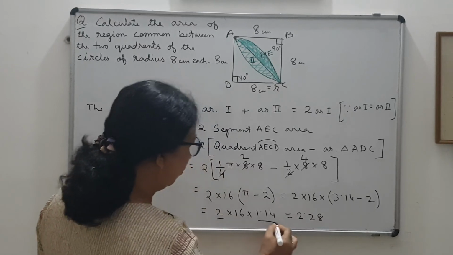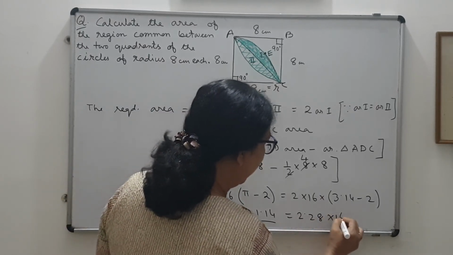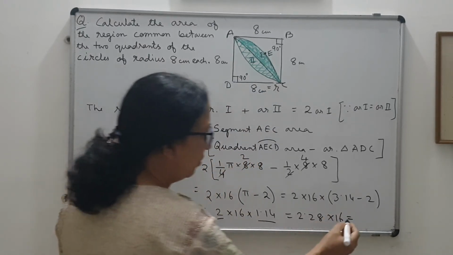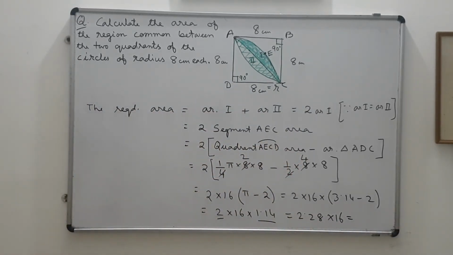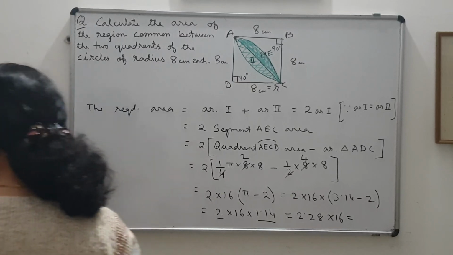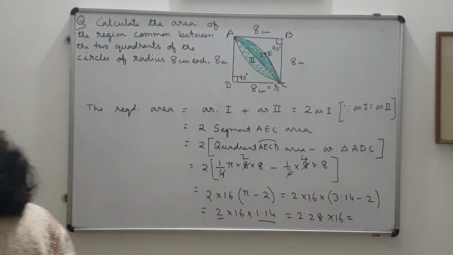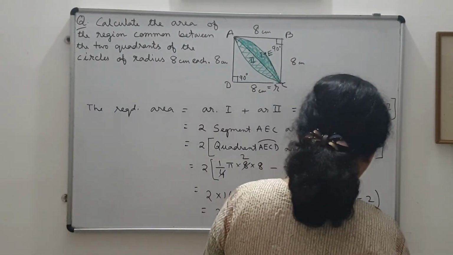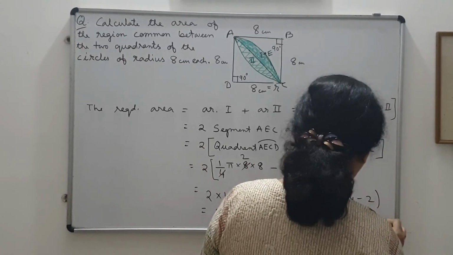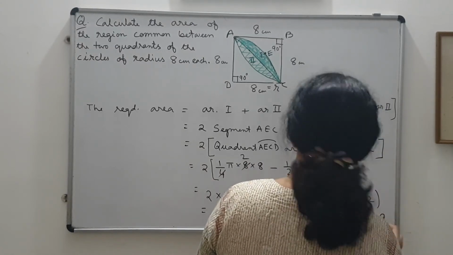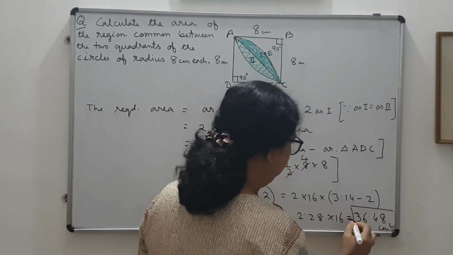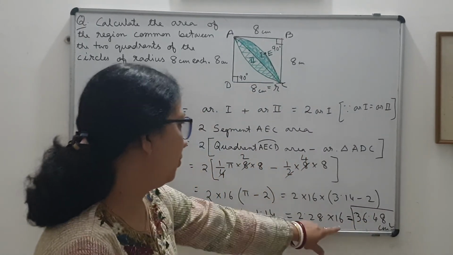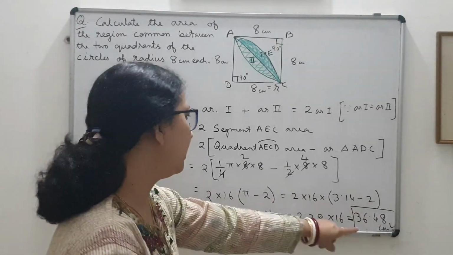This into this, 2.28 into 16. And if you know the table of 16, we can quickly write the answer. So it should come out as 36.48 centimeter square. So this is the answer.